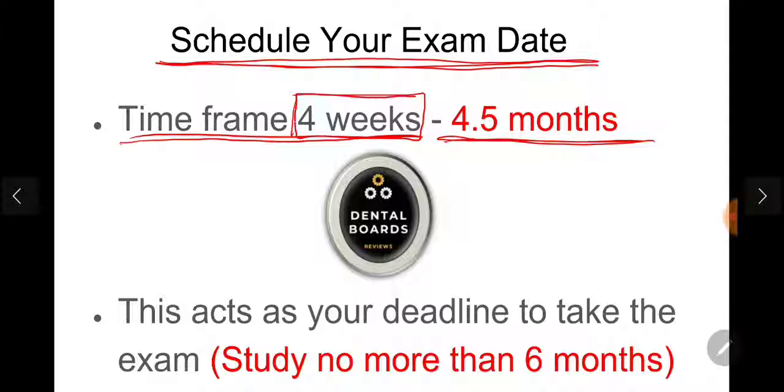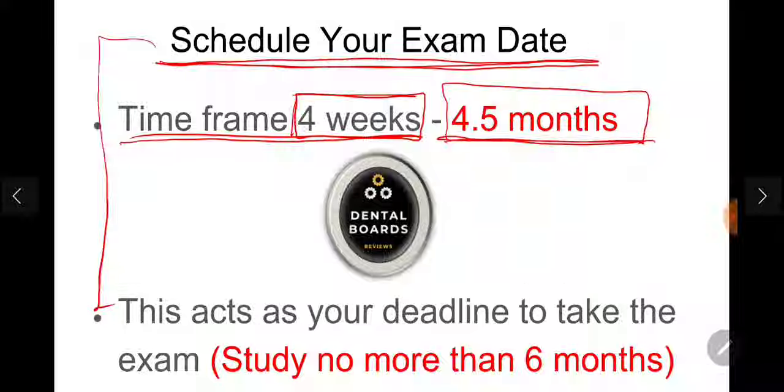Now, if you graduated from outside as an international dentist, okay, you need a minimum of 4.5 months. And I'll explain to you why. I repeat that because when you schedule your exam, you can schedule it in 4.5 months, in 5 months, or in 6 months.